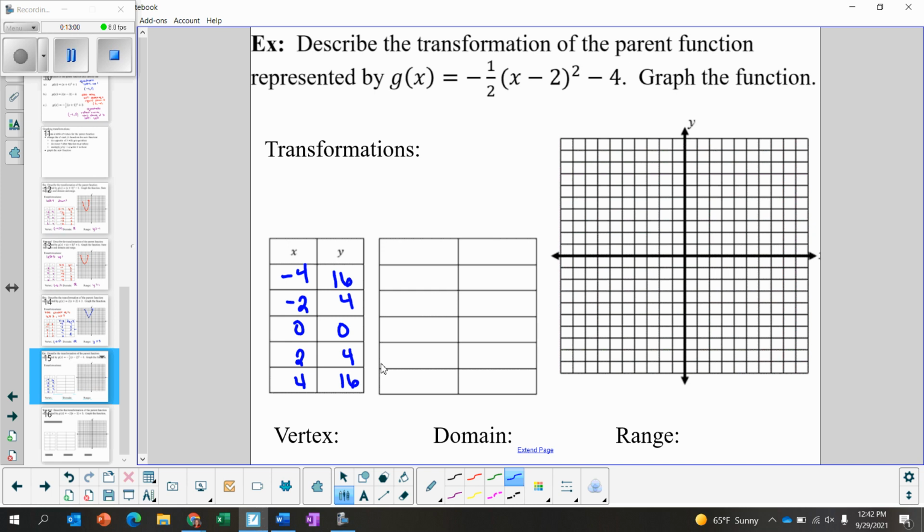Okay, so for my transformations, the negative in front was a reflection. The number in front is a fraction less than 1, so that's a vertical shrink of 1/2. Minus 2 inside really means I go right 2, and then minus 4 is down 4.